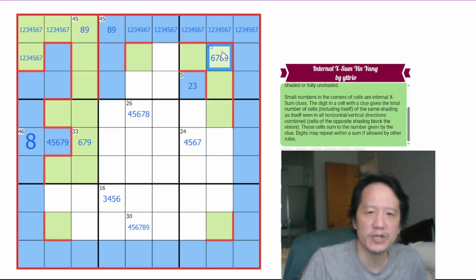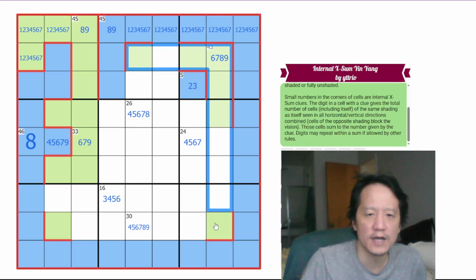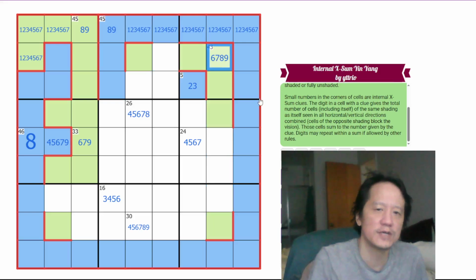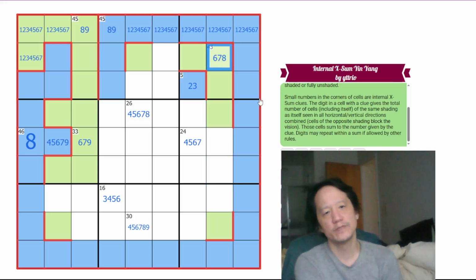So this cannot be 9. Because if we tried to make it 9, 1, 2, 3, 4, 5, 6, 7, 8, 9, then it would have to be 10. If we try to make it 9 this way, 1, 2, 3, 4, 5, 6, 7, 8, 9, again, it would have to be 10. So this can't be 9. This is 6, 7, or 8.